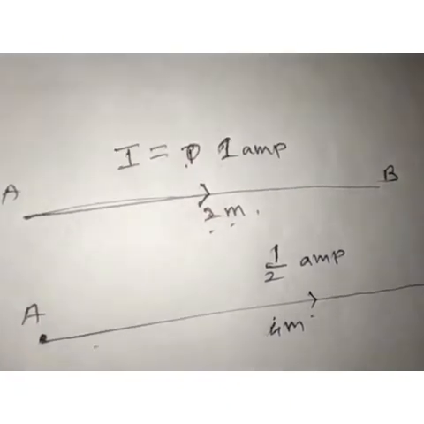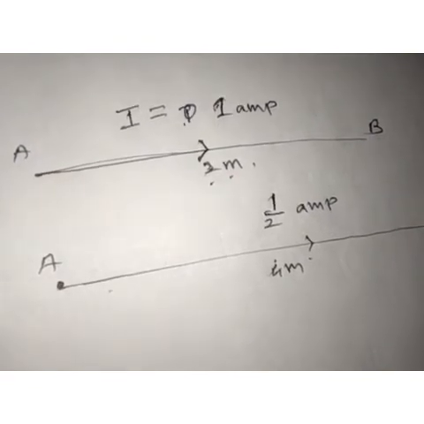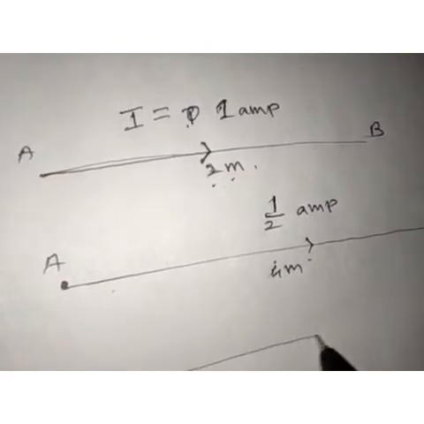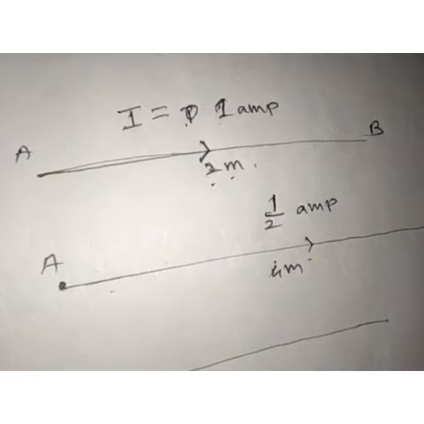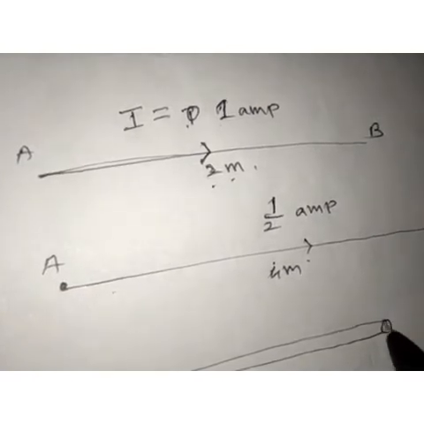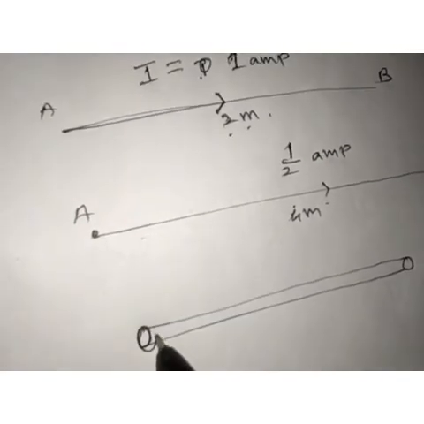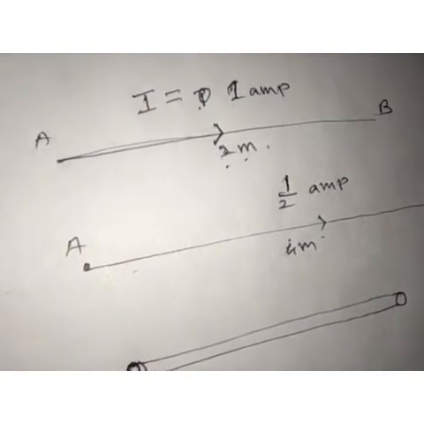Again look, suppose this is another conductor. This is the cross section area. Cross section means what?